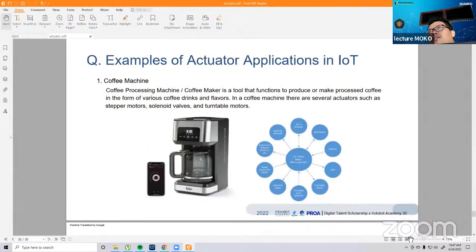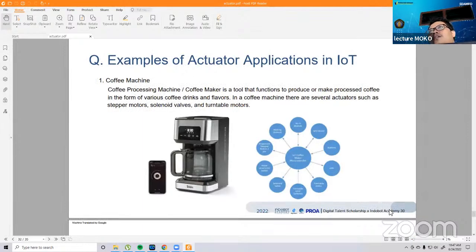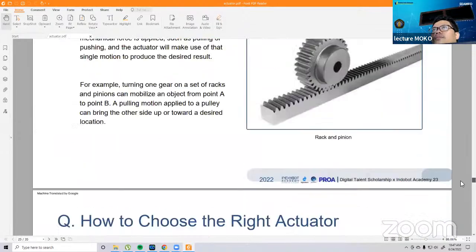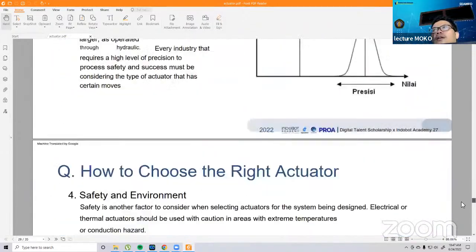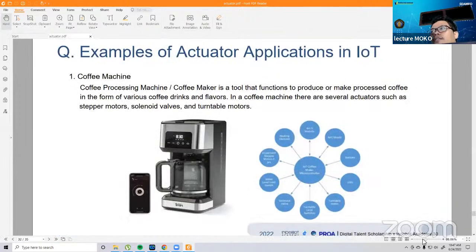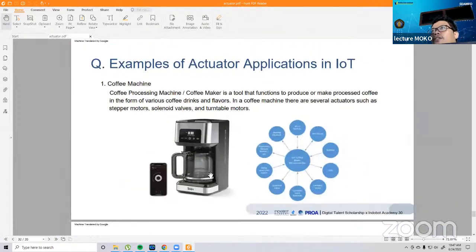And the last is one example of actuator application in a smart system. For example, in this coffee machine, there are many types of actuators. Many of them are control valves, piping control valves.